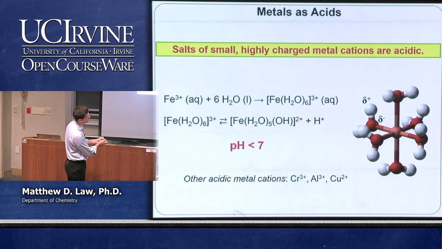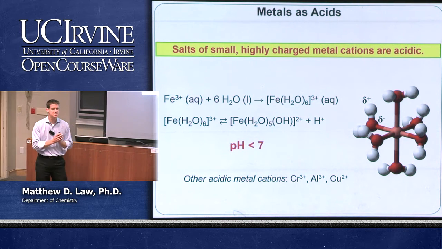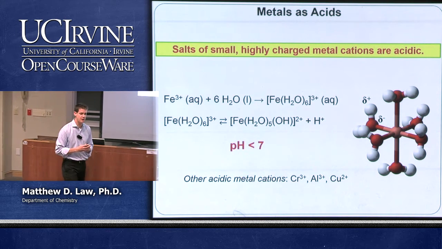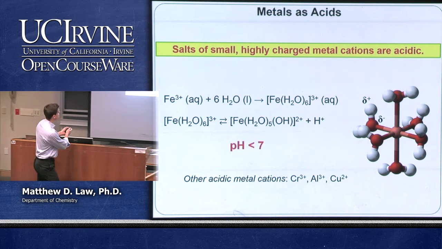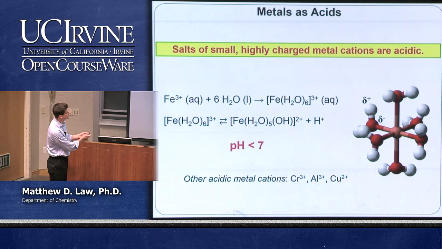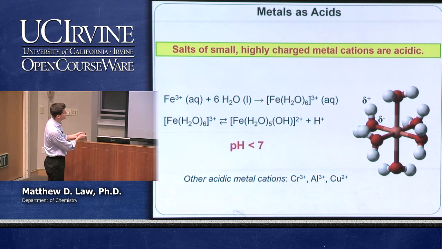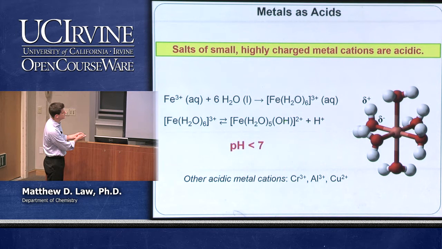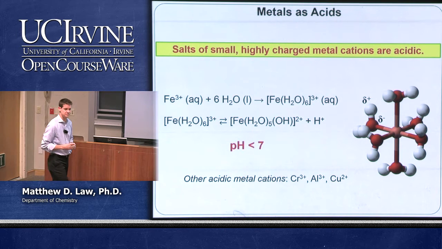So we're going to have a partial negative charge on the oxygen and a little bit more positive charge on the hydrogen. That's going to set those hydrogens up to pop off as protons. Okay. And so if you put iron 3+, for example, in solution, you get the hexa-aqua complex, and you'll have an equilibrium of the hexa-aqua with the penta-aqua hydrido complex where you've lost one of the protons. And this is going to give you an acidic solution.